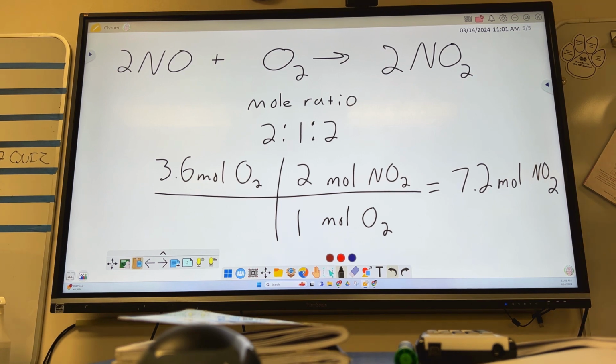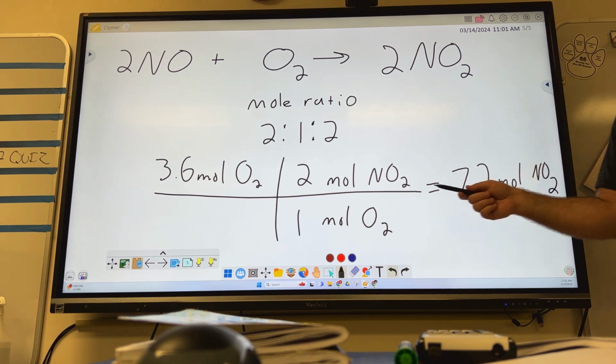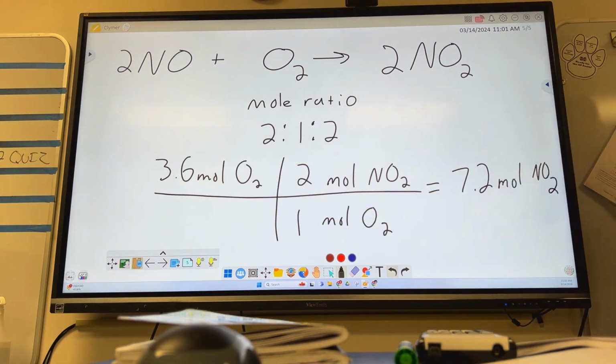Further, in almost every T-chart that we've been doing before, what was always the number in front of moles of something? 1. Will it be now? No, it will be based on the mole ratio in the problem. So it's entirely possible that you will not have a 1 in either of these boxes.